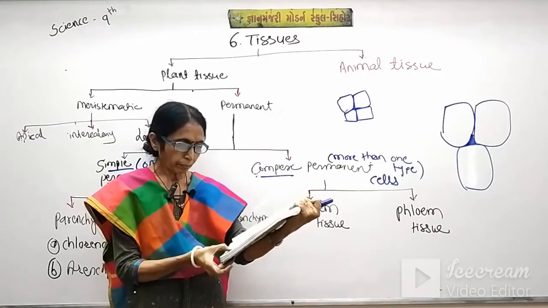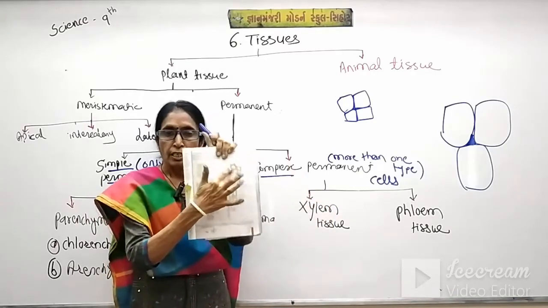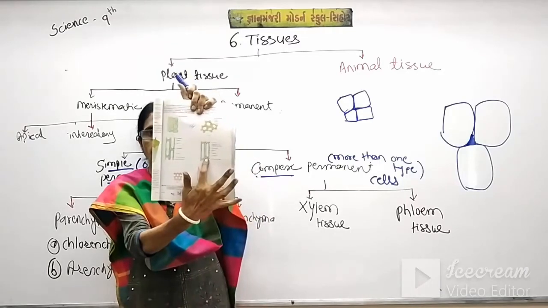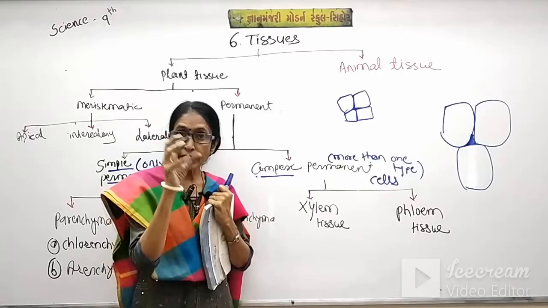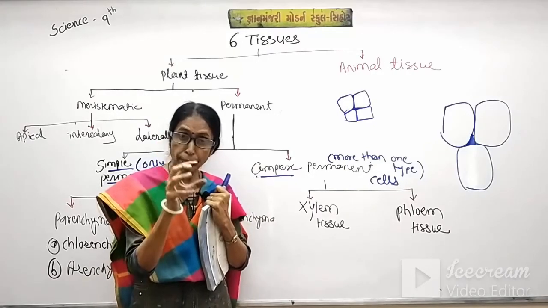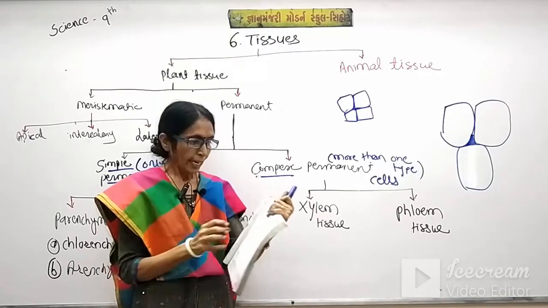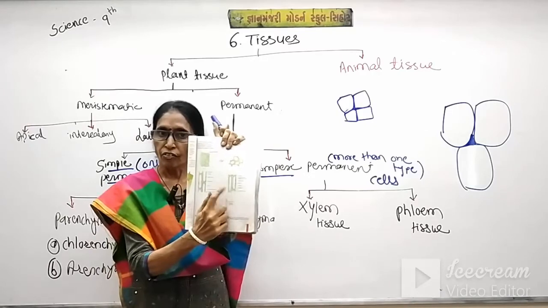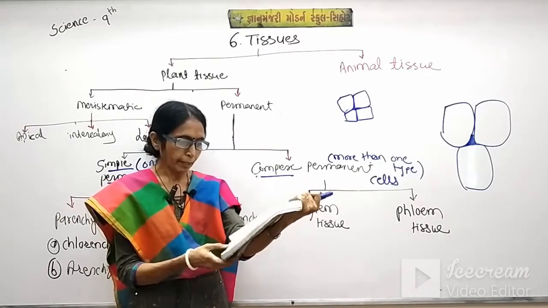Again see, collenchyma. This is the transverse section, this is the longitudinal section. In the transverse section you can see there is intercellular space in between two cells, and here you can see the walls of the cell are thick. Number 3, sclerenchyma.